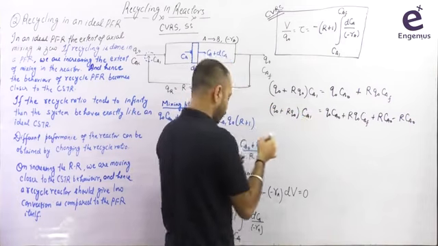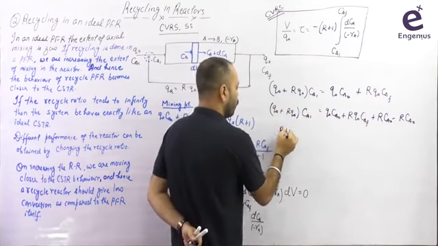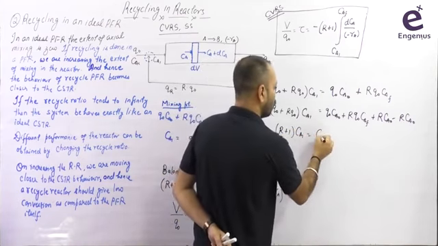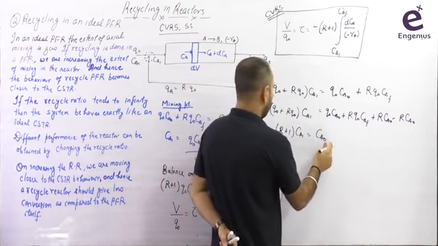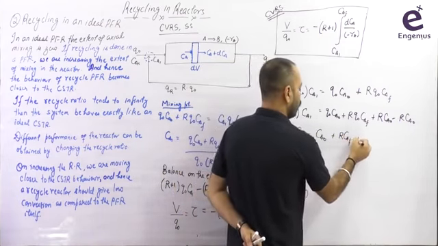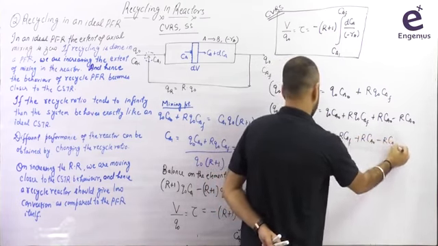Now let us cancel the value of Q naught from everywhere, and then you are getting R plus 1 CA1 is equal to CA naught plus RCAF plus RCA naught minus RCA naught.